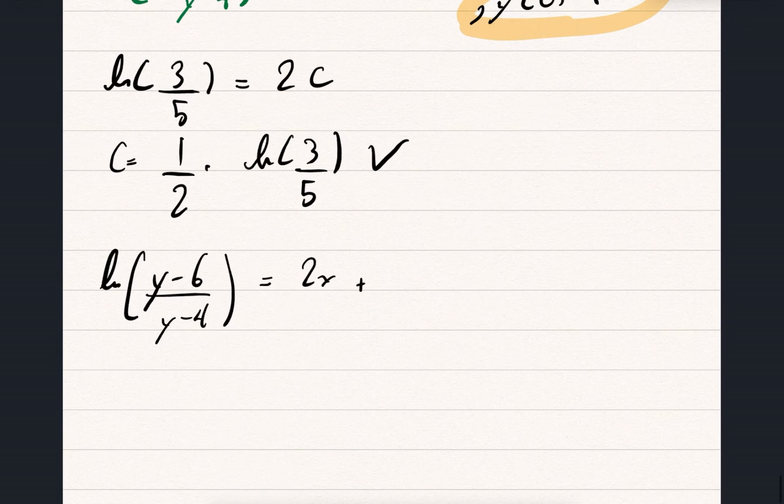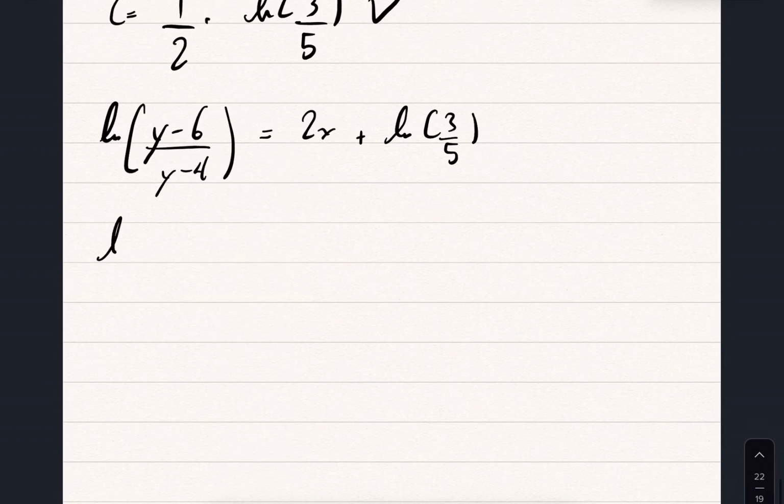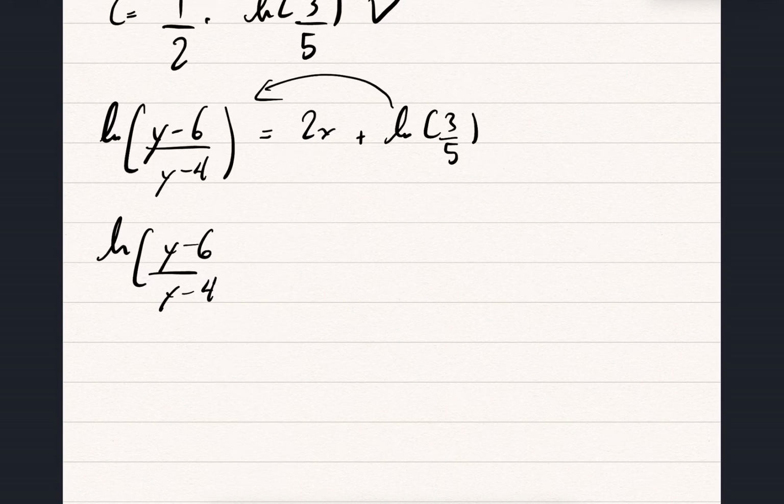So we're going to get plus ln of 3 over 5. Now we're going to go ln of (y minus 6) over (y minus 4). Now, I brought it over to the other side. It's negative now, so now I can use log properties, and if it's subtraction, I can divide. So now I'm going to divide by 3 over 5, which is basically me multiplying by 5 over 3.